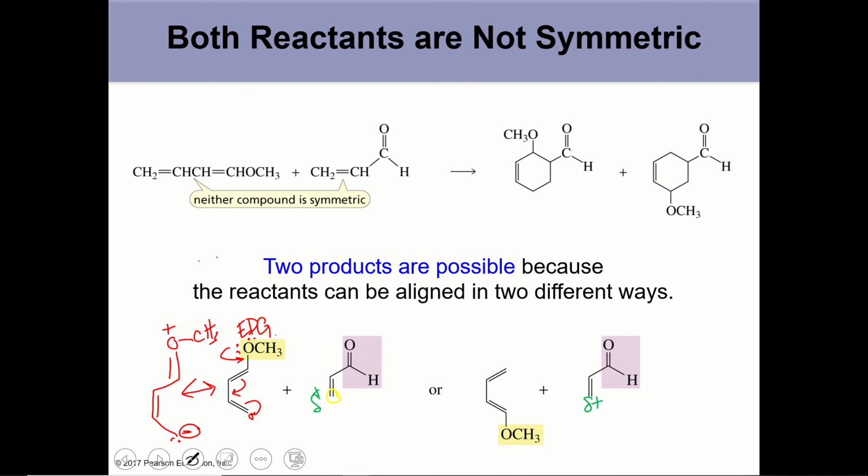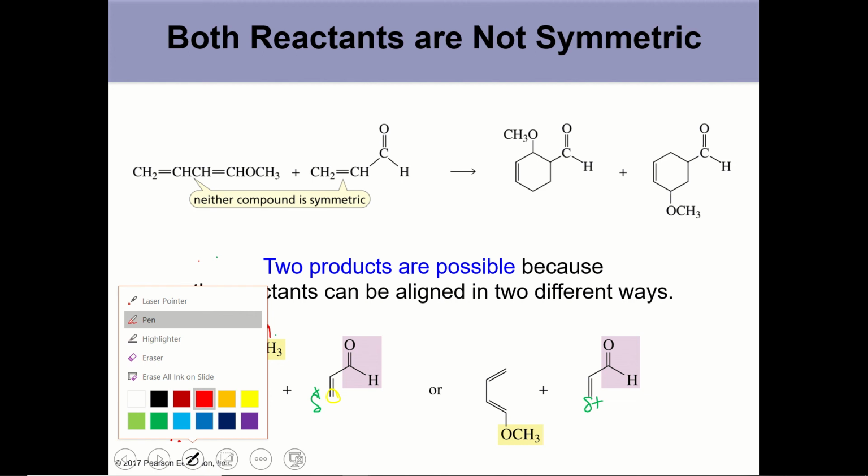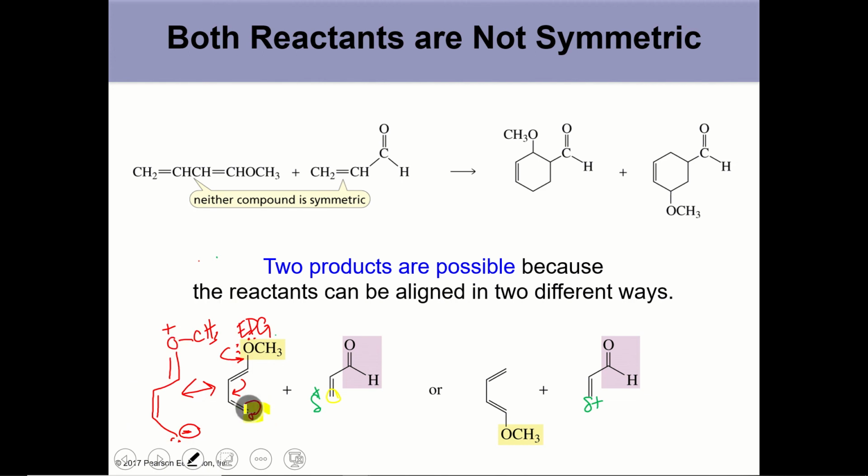So what that tells me is that the most negative carbon of my diene, in this case, is this last carbon here.